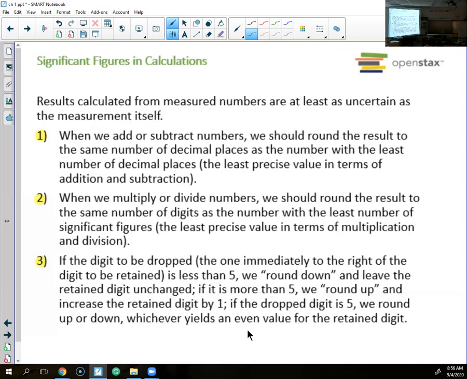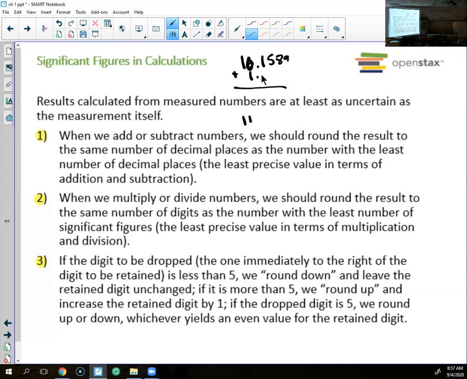All right, in calculations, which is pretty important, when you add or subtract numbers, we round the result to the same number of decimal places as the number with the least number of decimal places. That's the least precise value in terms of addition and subtraction. So if it was like 10.1589, that's a 0, plus 1, then the answer is 11.